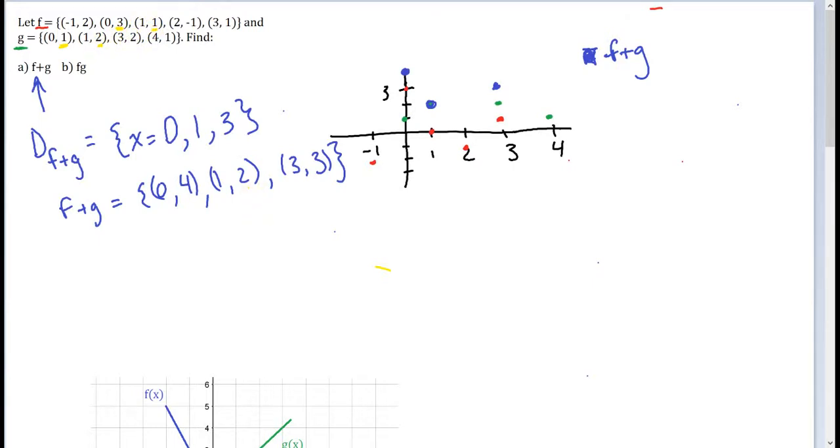Uh-oh, did I make a mistake when I graphed it or when I read my graph out? 0, 1, and 1. I made a mistake graphing this. So I should have had this red one here instead. Which means my blue one would be here. And so for 2, I should have 3.